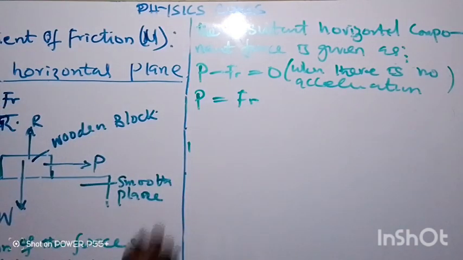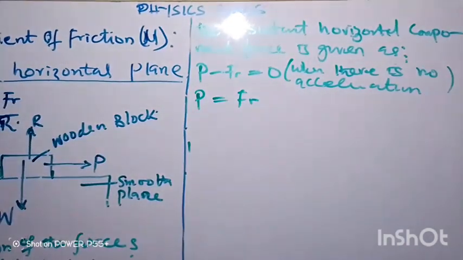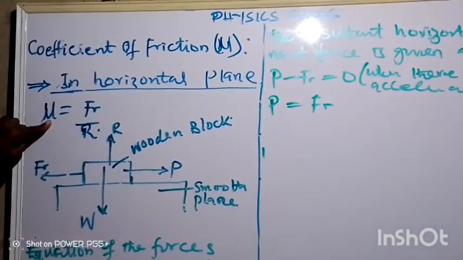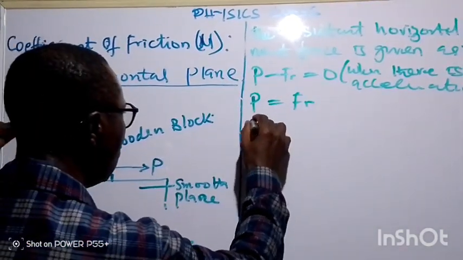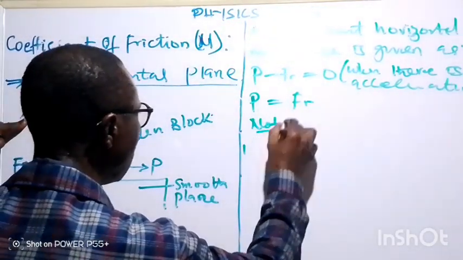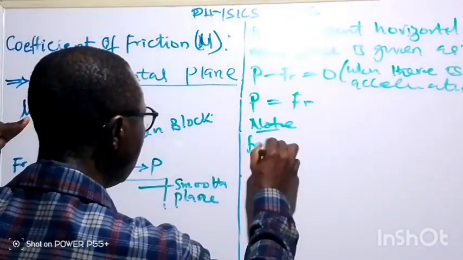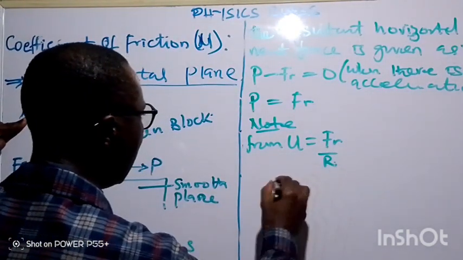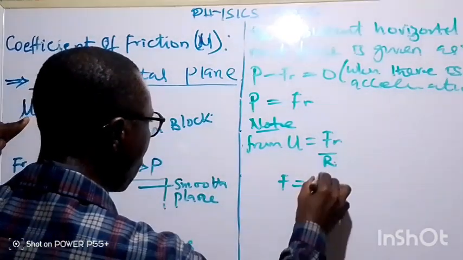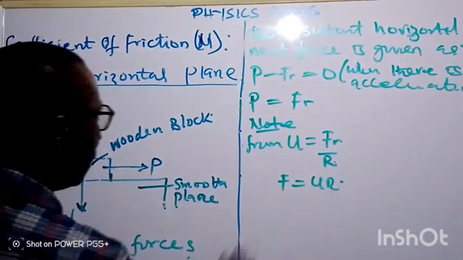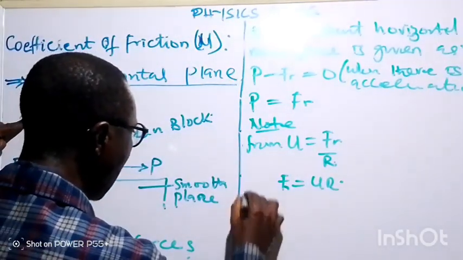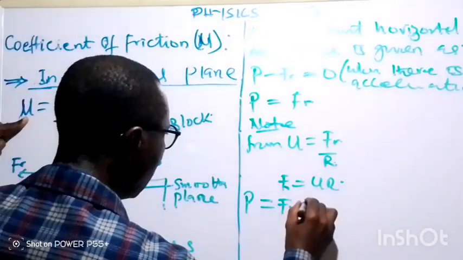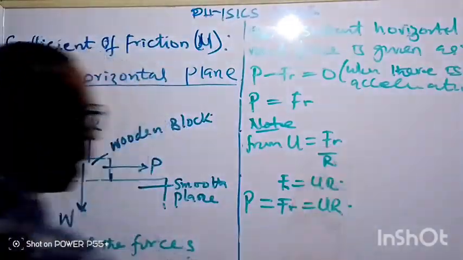And the magnitude of Fr, from mu is equal to Fr over R, therefore our Fr is equal to mu R. So the applied force will be equal to Fr, which is equal to mu R.